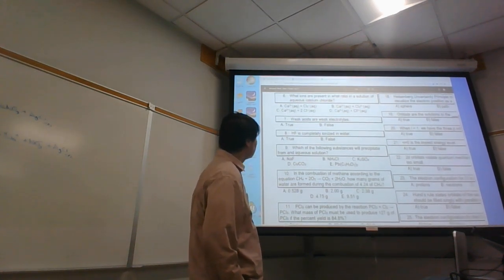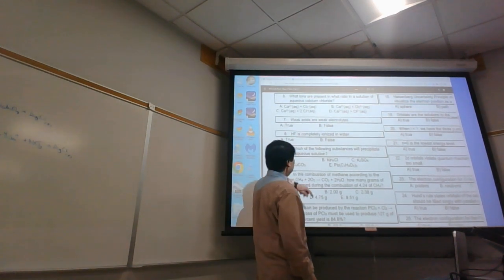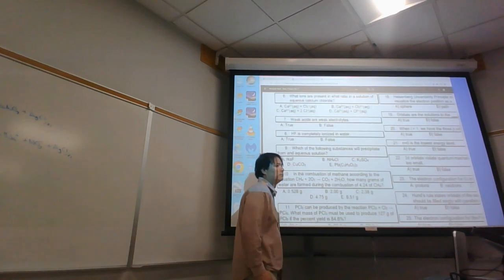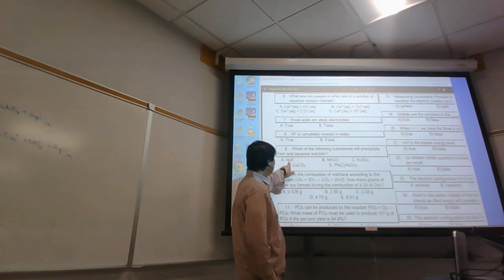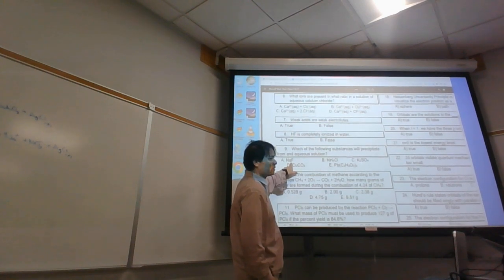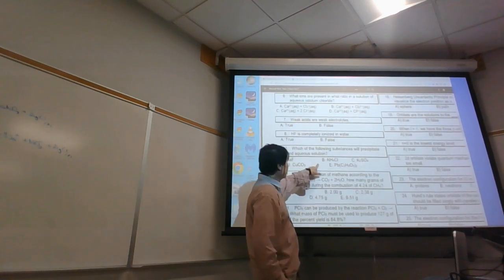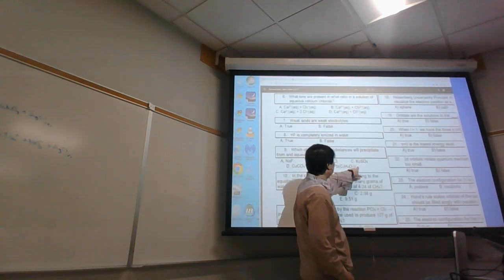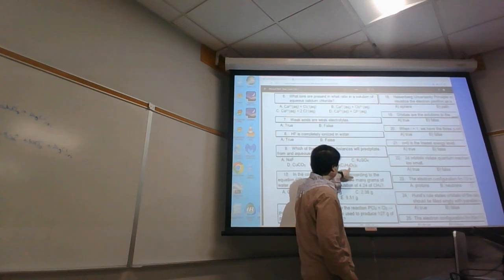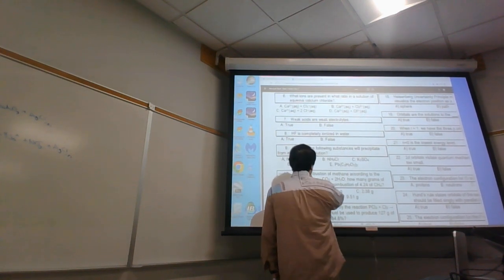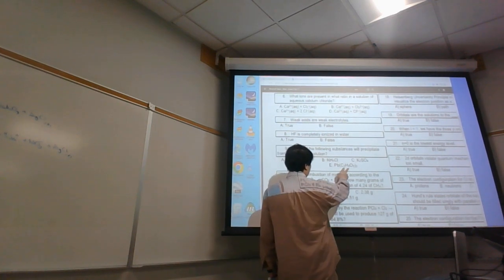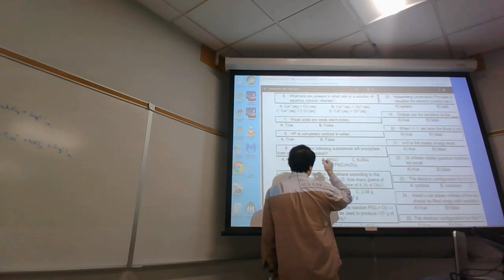Which of the following substances will precipitate from an aqueous solution? And so which of these is an insoluble solid? Well, we know group 1 are all soluble, so sodium salts are all soluble. Ammonium salts are all, potassium salts are all soluble.